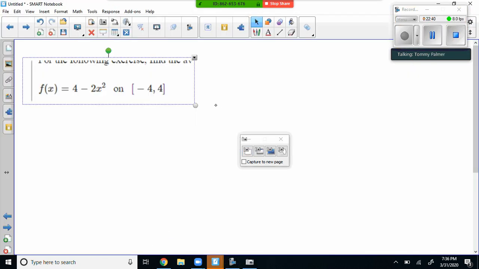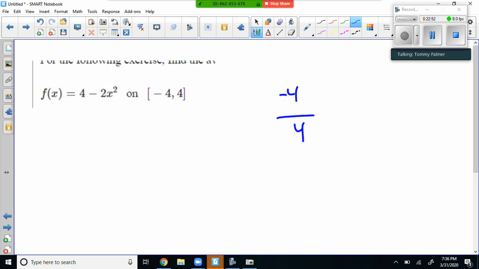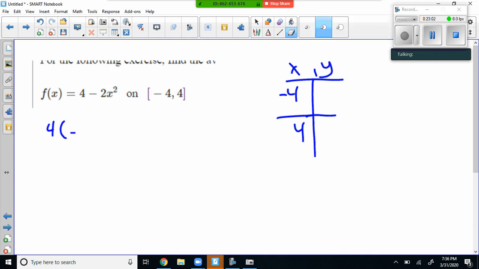Okay, so with them pulling it from an equation, they're saying find the rate of change on this equation from negative 4 to 4. Well, these are x values. So the first thing you have to do is plug in and solve for the output, right?